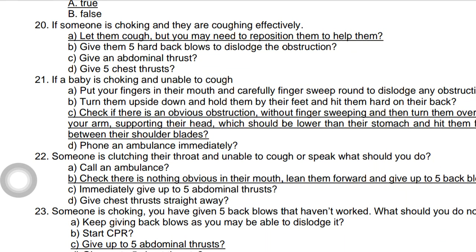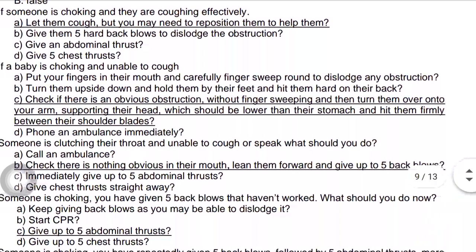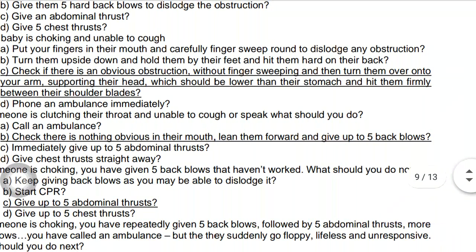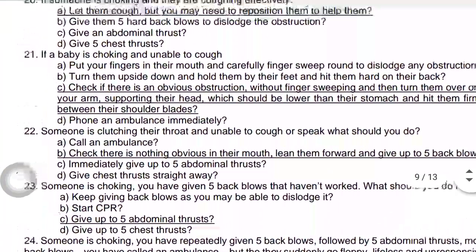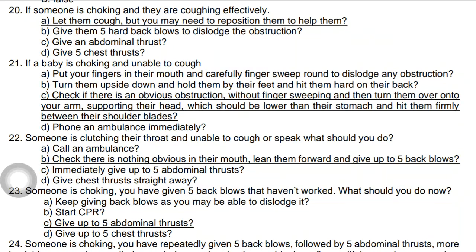If a baby is choking and unable to cough, check if there is an obvious obstruction without finger sweeping, and then turn over onto your arm supporting their head, which should be lower than their stomach, and hit them firmly between their shoulder blades. So check the baby's mouth and give back blows, with the head lower than the stomach so the object can come out.